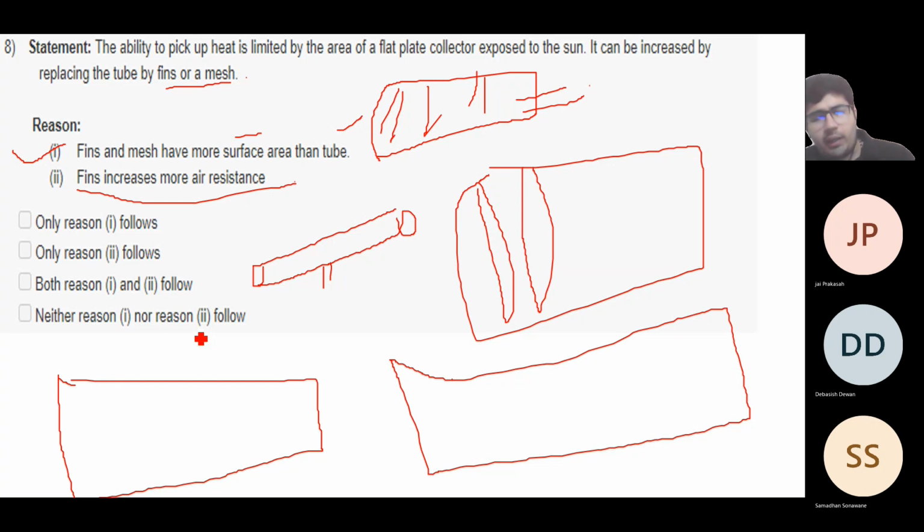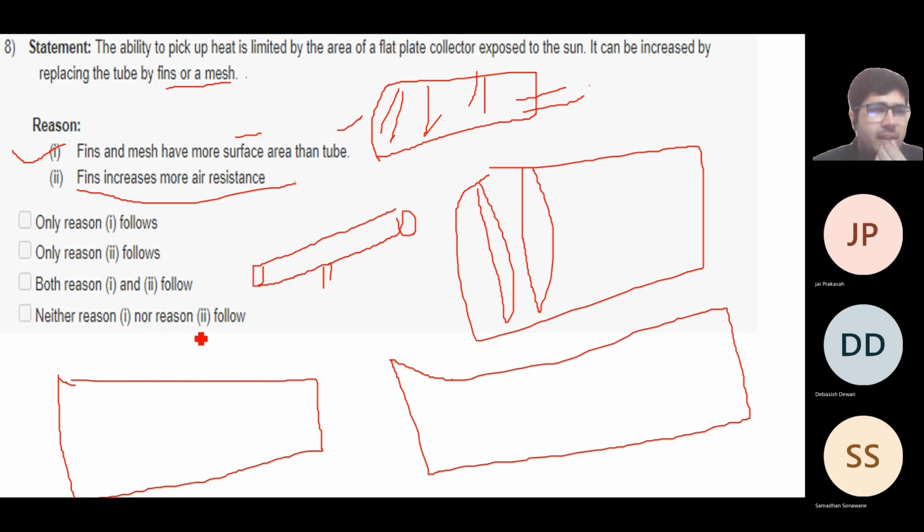There is no moving or flowing air inside. So fins increase more air resistance is a false statement. So reason 2 is incorrect. Reason 1 is correct.